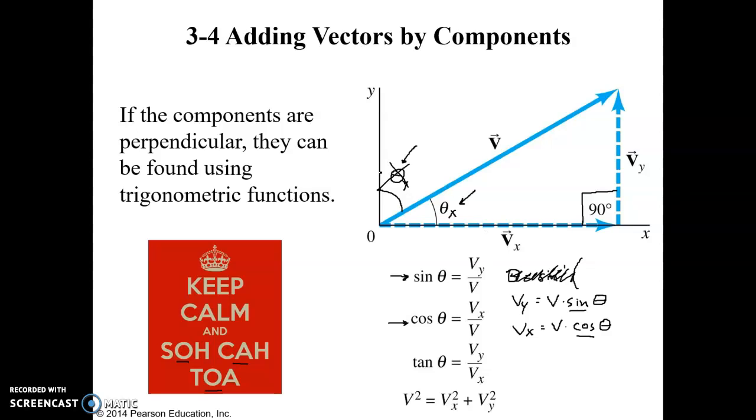If you use the angle with respect to y to describe the angle of the vector, then sine and cosine get flipped. And I just think that it's very easy to confuse those two and use the wrong one. So if you always do the same thing, it helps you to remember. So that's what I recommend. Whenever possible, use theta x, and that way y is sine and x is cosine.